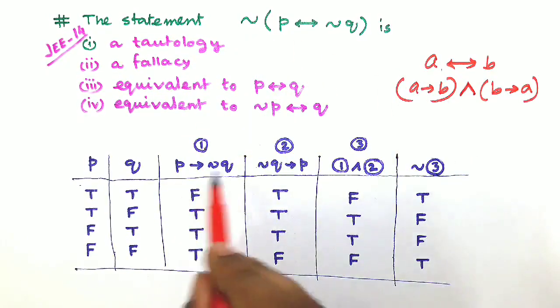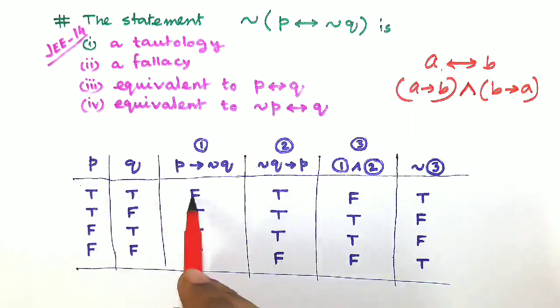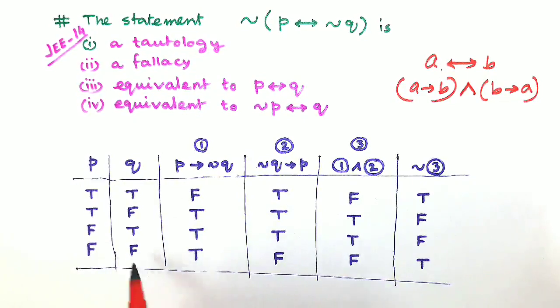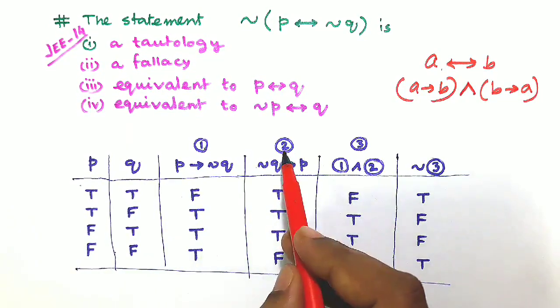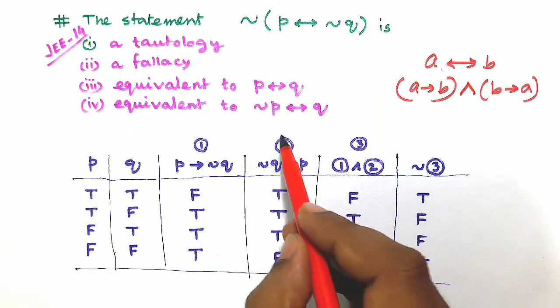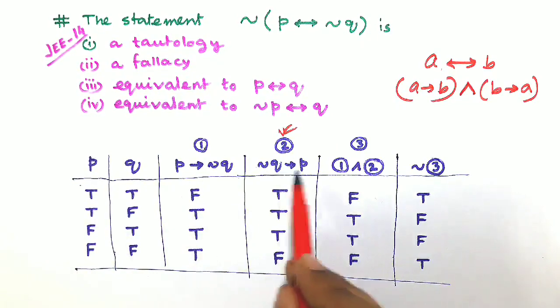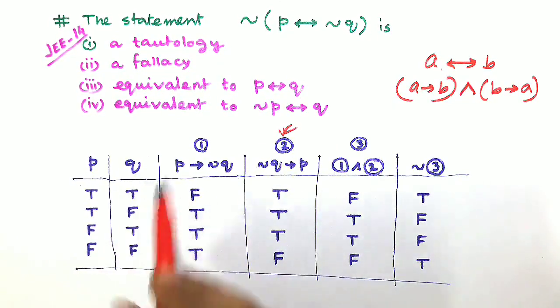So P implies negation Q: T implies T is T, T implies F is F, F implies T is T, F implies F is T. This is named the first column, and the second column is negation Q implies P. What is negation Q?